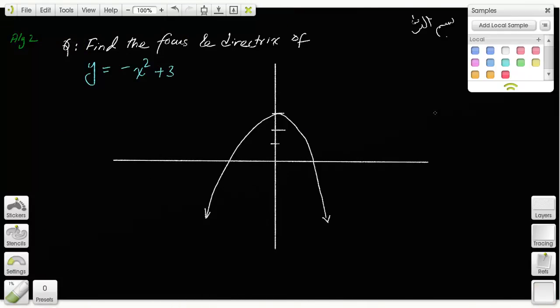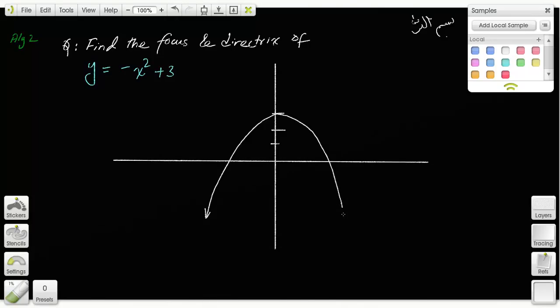Now here's another example, and the question again is for us to find the focus and the directrix. Now this equation is given in standard form, and I would pause here to give you an opportunity to figure out how we do this. And I've taken the liberty of cartoon drawing this for you. The parabola kind of looks like this.